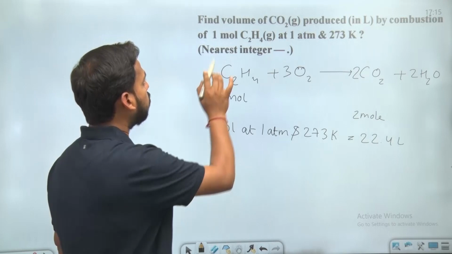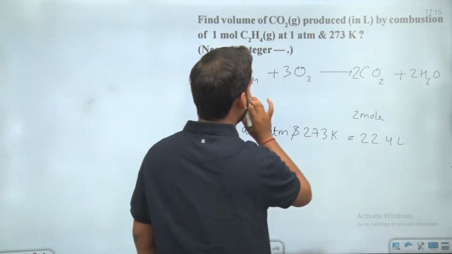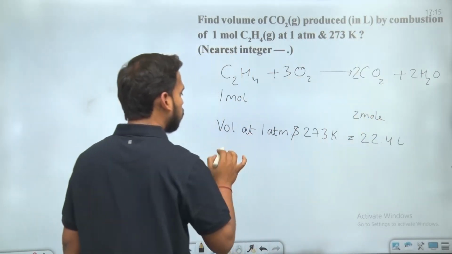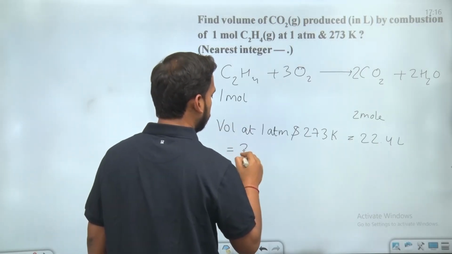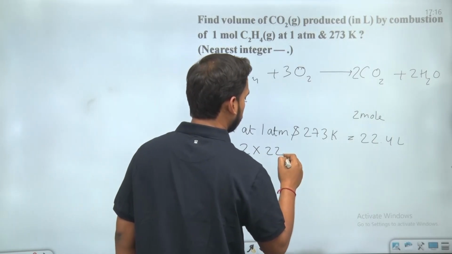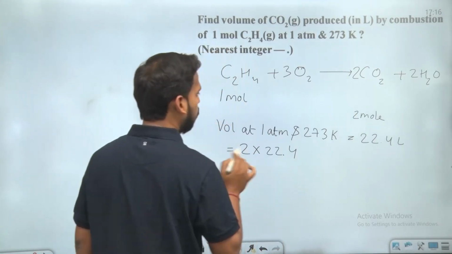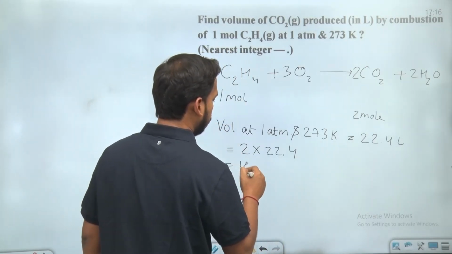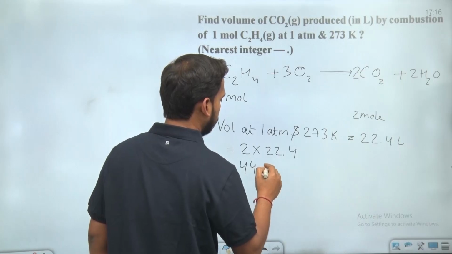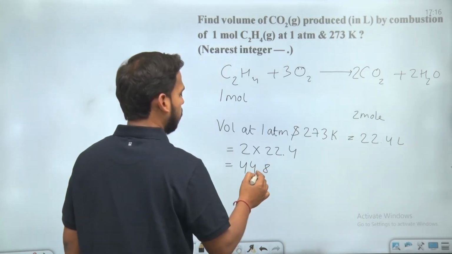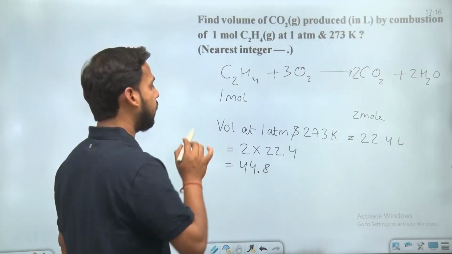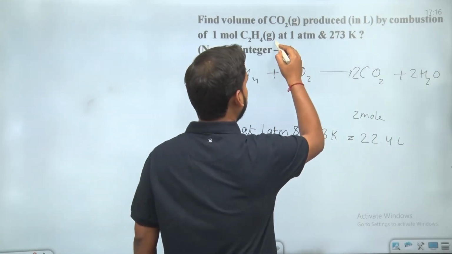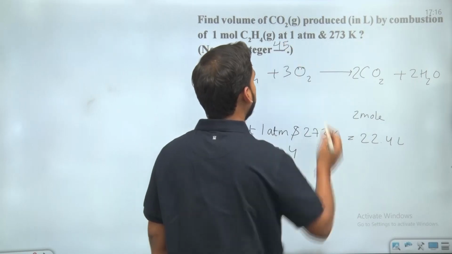So how much volume of CO2 is produced? 1 mole is giving 2 moles, so the volume will also get doubled. It will be 2 into 22.4, which comes out to be 44.8. But the question is asking for the nearest integer, so the answer will be 45.